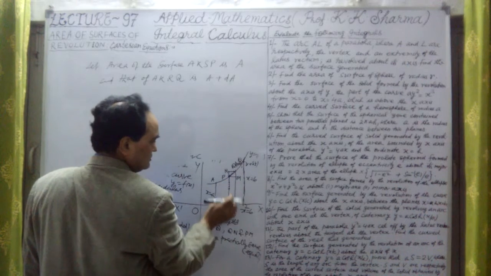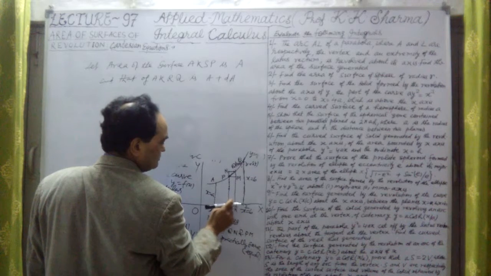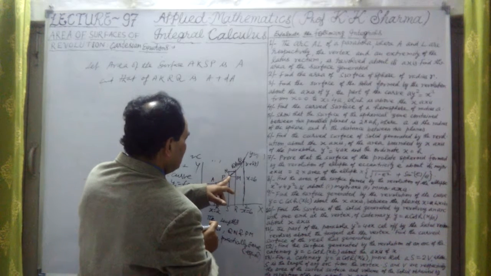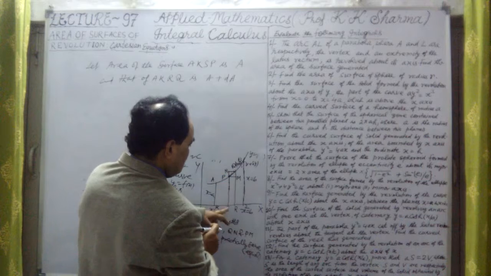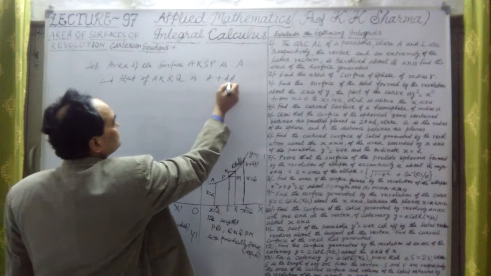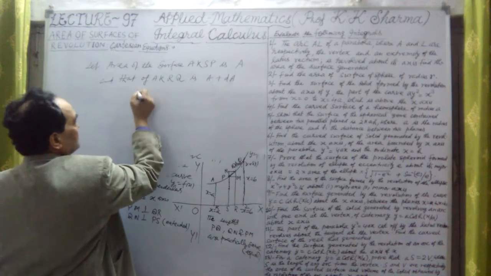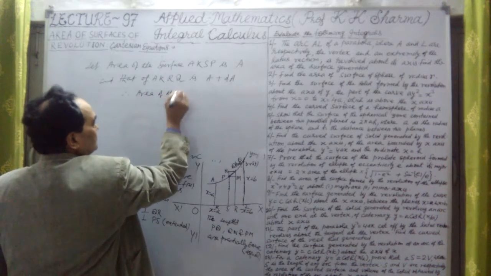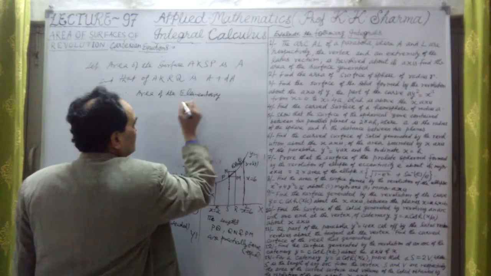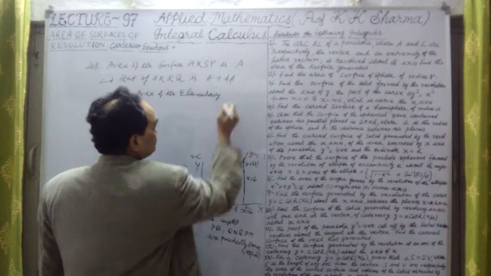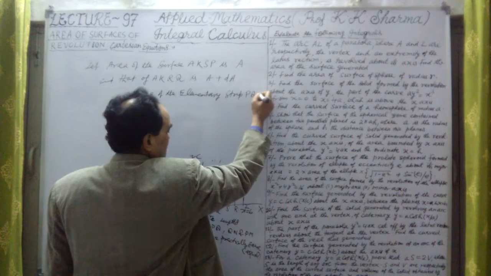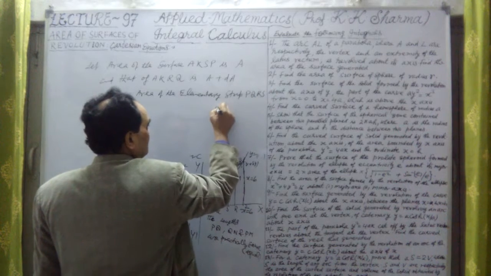So the area PSRM is A plus delta A. Therefore the area of the elementary strip PQRS is equal to delta A.